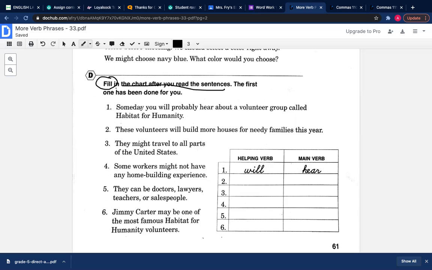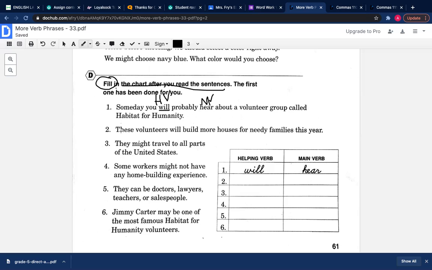Okay? Our subject here is you. What will you do? Well, you will hear. Our main verb is hear. And our helping verb is will. So we need to fill in that chart right here. Will is our helping verb. Hear is our main verb.